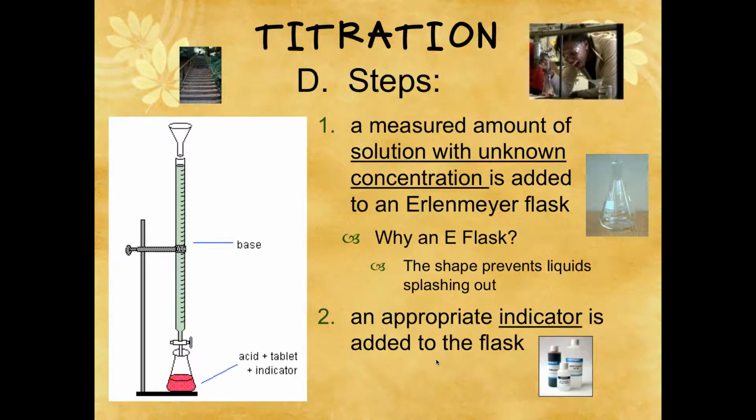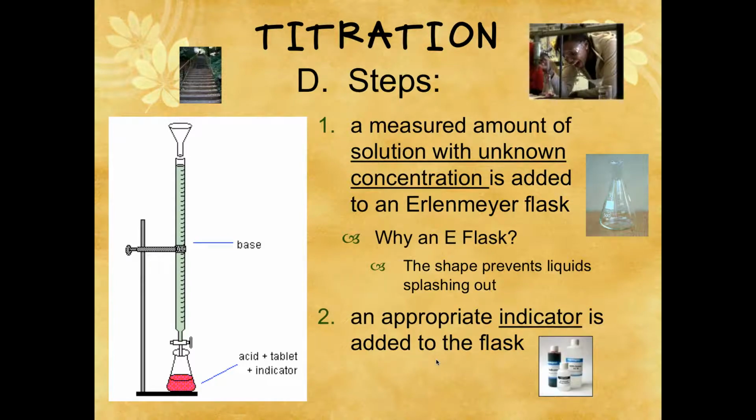There's a whole bunch of different kinds of indicators. You choose a specific indicator that works with the chemicals you're dealing with. That's why it says an appropriate indicator. So you want to find one that changes color at a neutral point, or if you're adding a base to an acid, it would change color when there's base present. That's not necessarily when it's acid. So there are different things that you can choose.